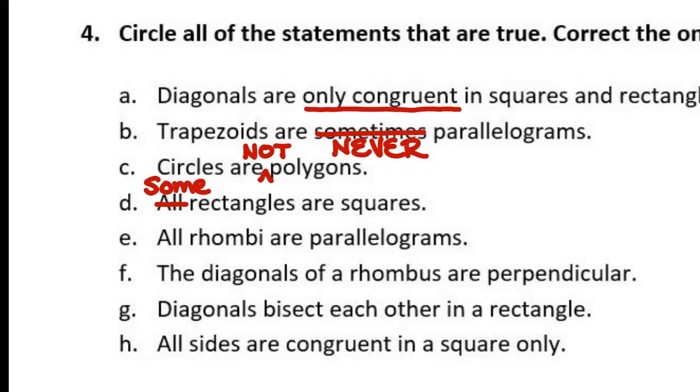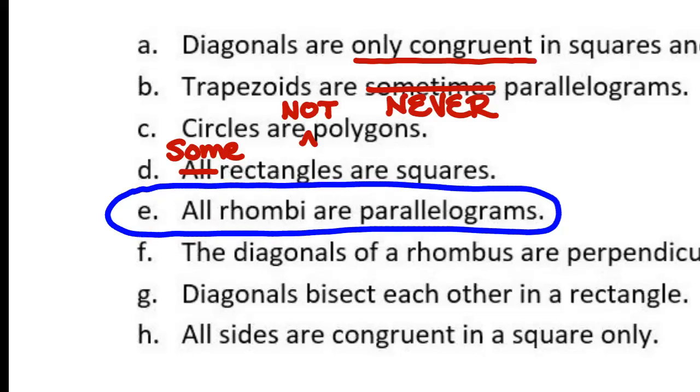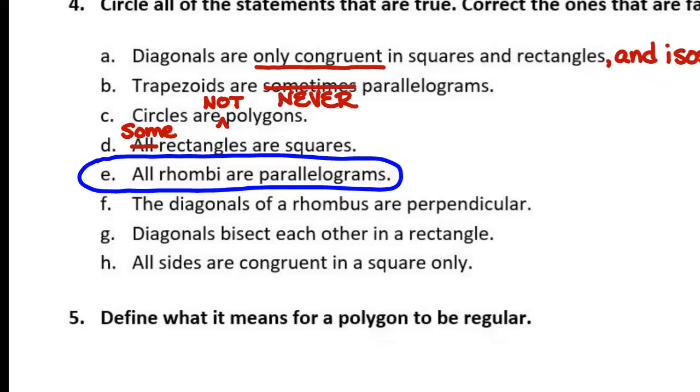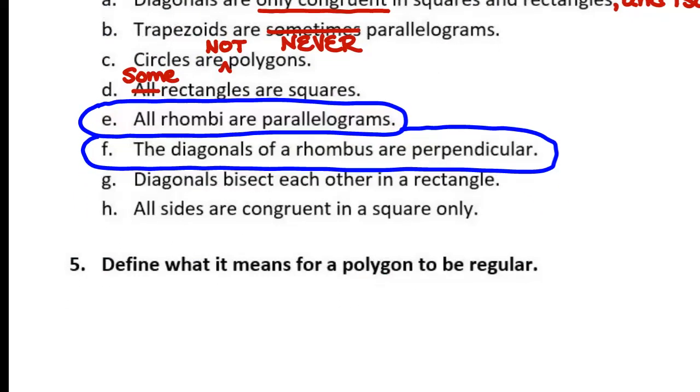All rhombi are parallelograms. This one is true. They are a special type of parallelogram. The diagonals of a rhombus are perpendicular. That is also true. Diagonals bisect each other in a rectangle.